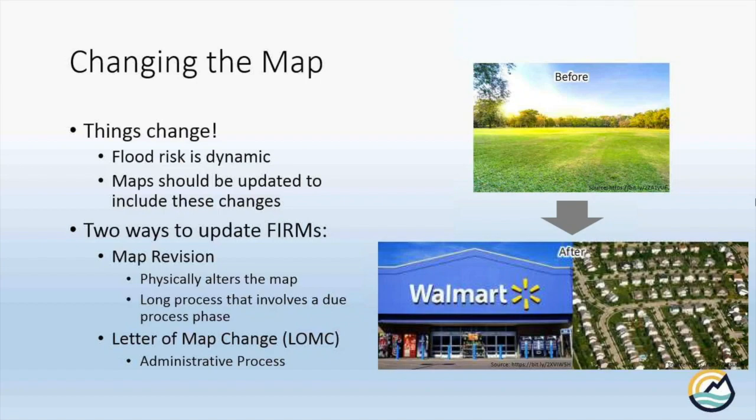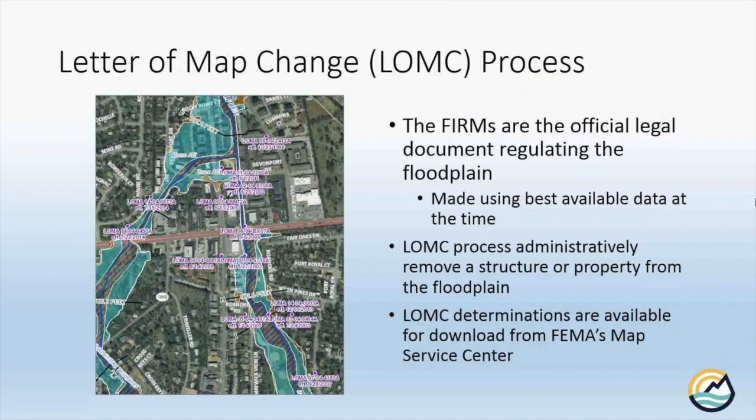The other way the maps are updated is with what they call a letter of map change. This is just an administrative process done by FEMA that supersedes the information shown on the map. And that's exactly what it is. It's a letter that comes out that basically says this location is considered outside the floodplain based on new data. So these letters of map change really do just remove individual properties or sections from the floodplains.